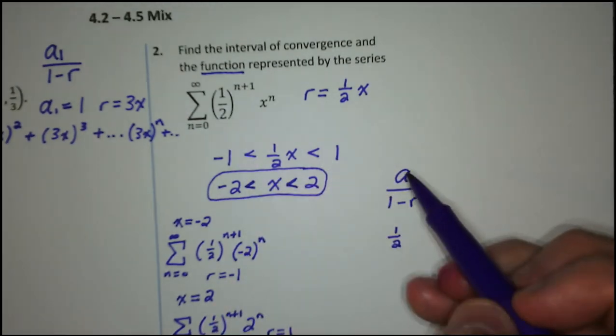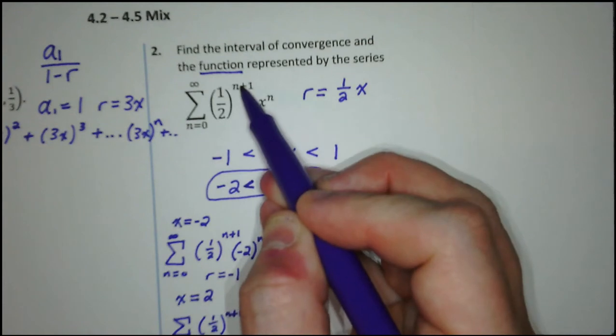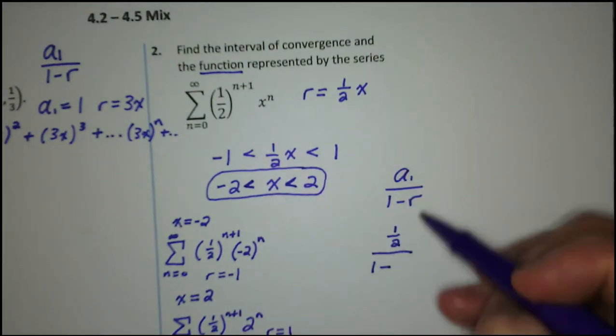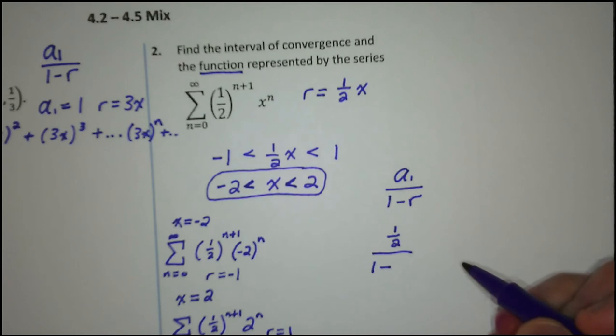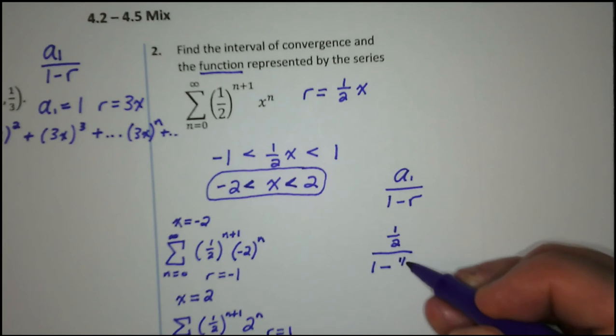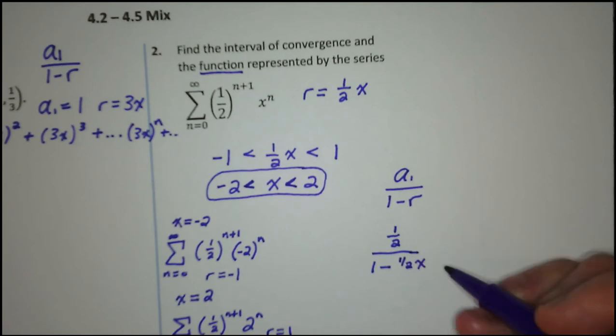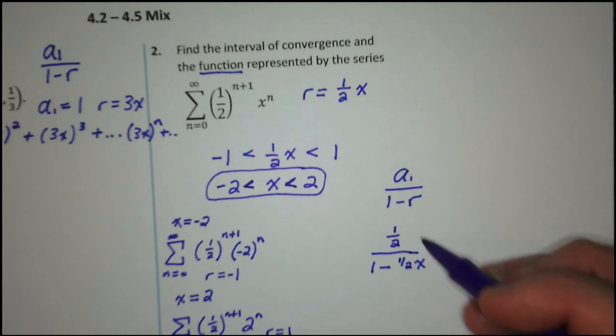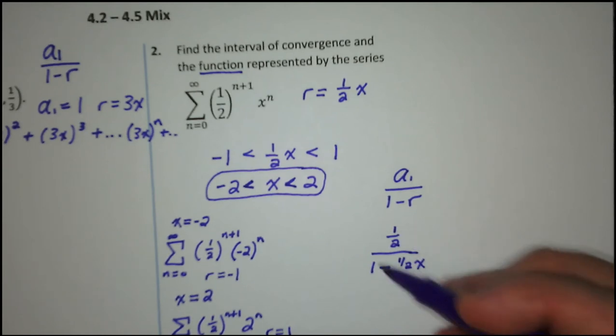That would be literally our first term. By plugging in 0 for the n, we would end up with 1/2. And remember, our common ratio was 1/2 x.